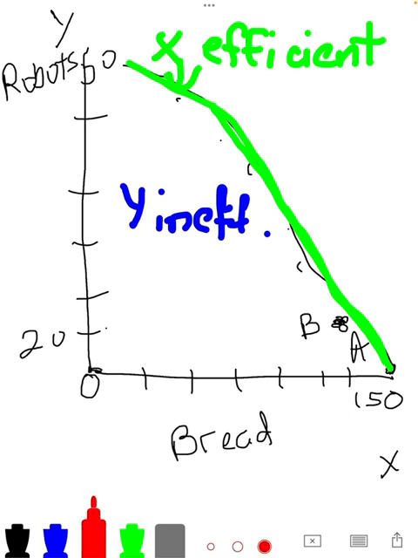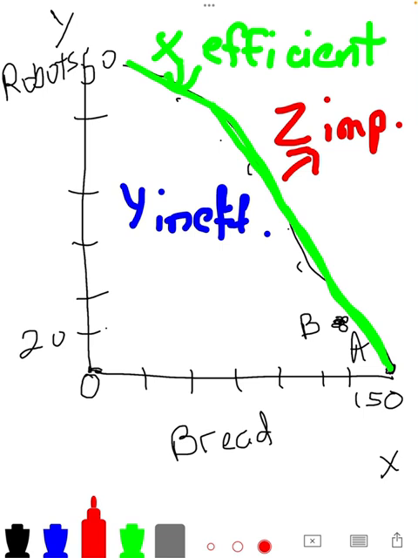Point Z, anywhere outside of this line, is beyond the realm of possibility. You cannot make 200 units of bread even if you make absolutely no robots. I'm going to have to abbreviate for space's sake, but that is impossible. So notice that I have labeled each of my points on the graph.